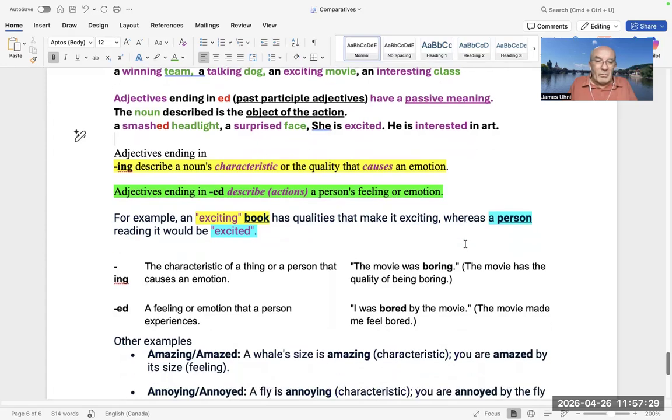So here we have more examples, and then we will get to very interesting explanation. So let's go. Adjectives ending in ing describe a noun's characteristic or the quality that cause an emotion. So I will highlight this one in thick print. Adjectives, okay, this one, let's make it yellow. Sorry about that.